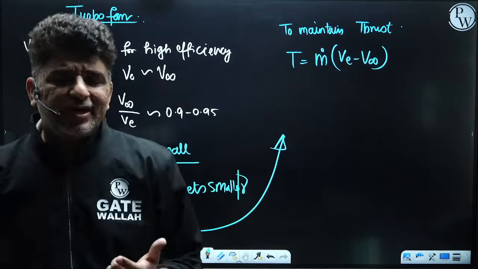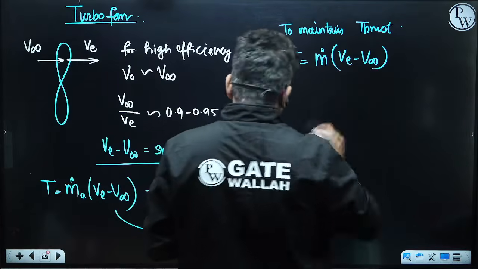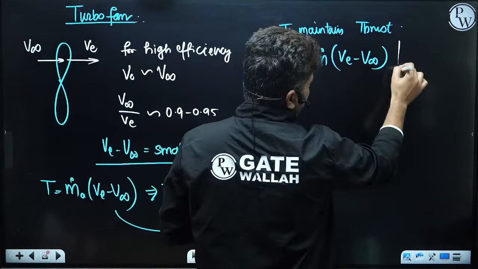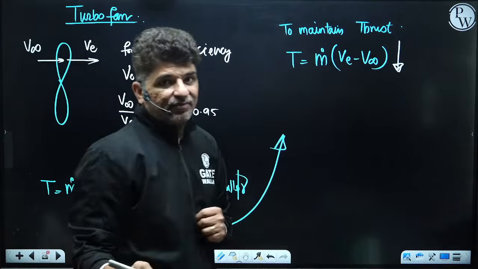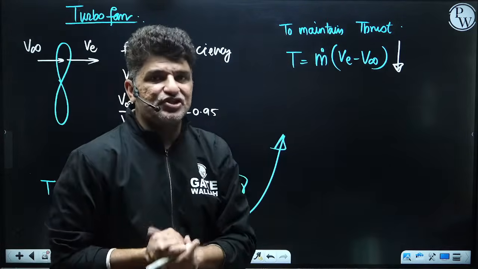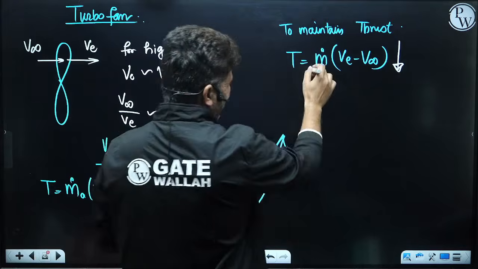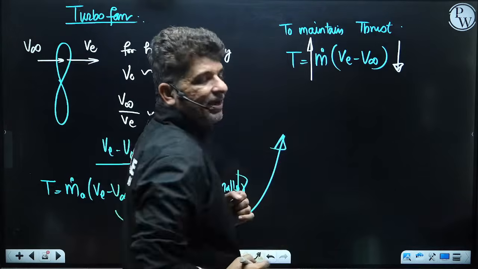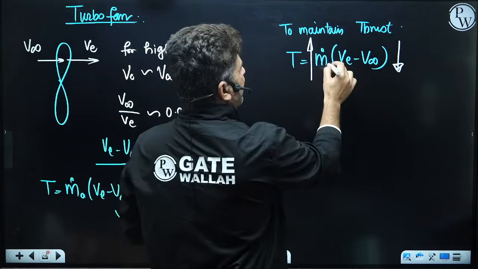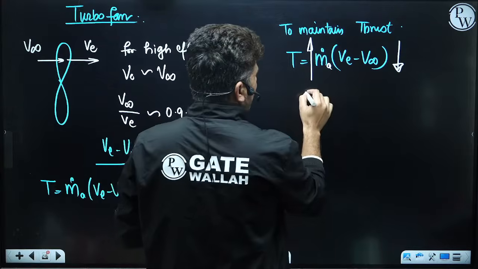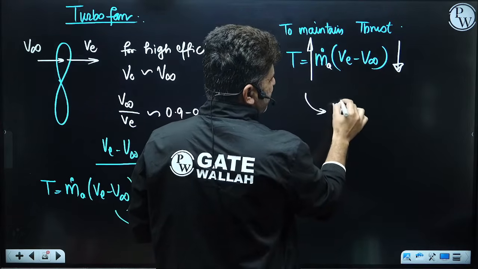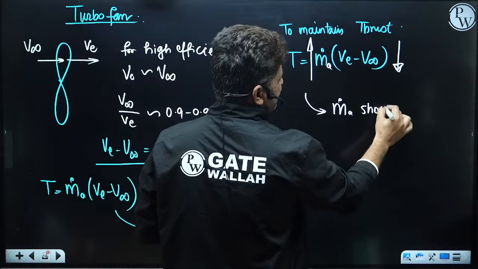So what we actually do is we try to reduce this quantity, V exit minus V infinity, so that our propulsive efficiency could be high. And we try to increase the mass flow rate of air. So how do we do this? Mass flow rate of air should be increased.